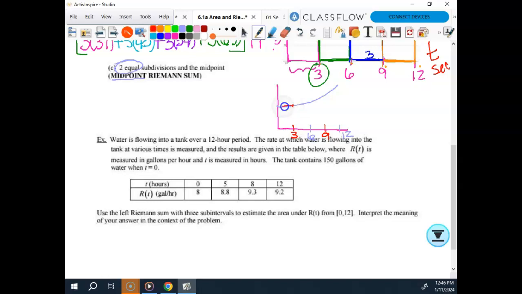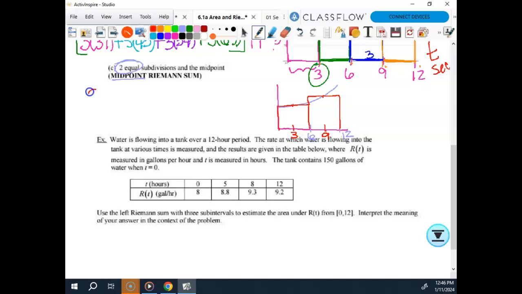I start there, I draw it to the left end, and I draw it to the right end, like that. Then 9, I go up here. Whatever the y value is when x is 9, that's my height. And then I draw the rectangle to the left and to the right. That's why we can only do 2, because we only have enough data for 2 of them.